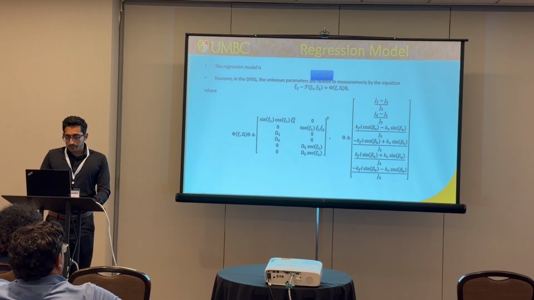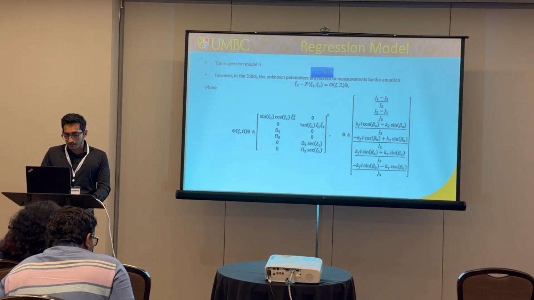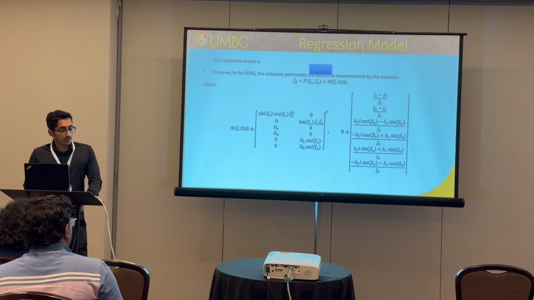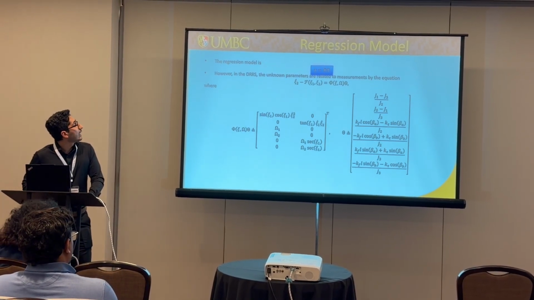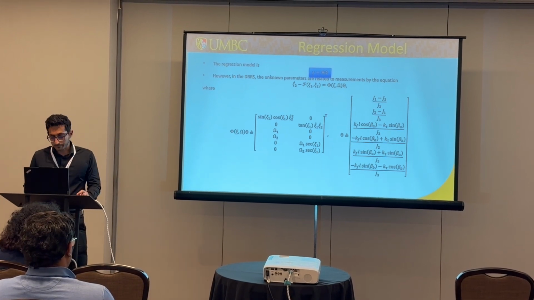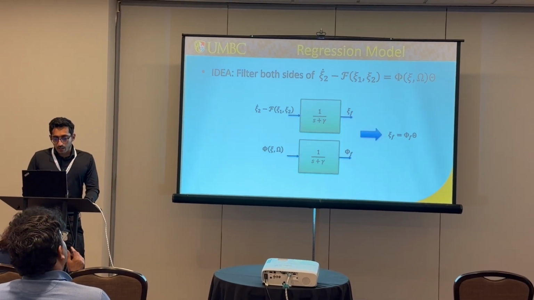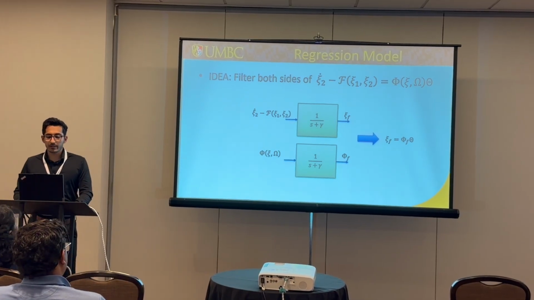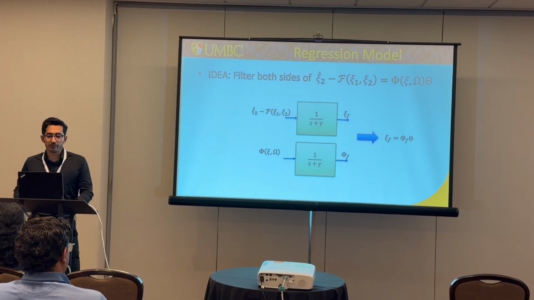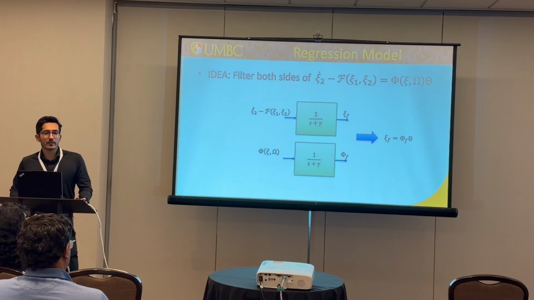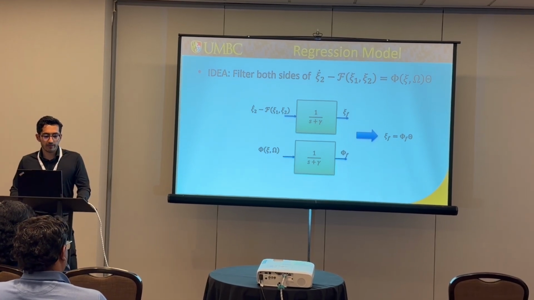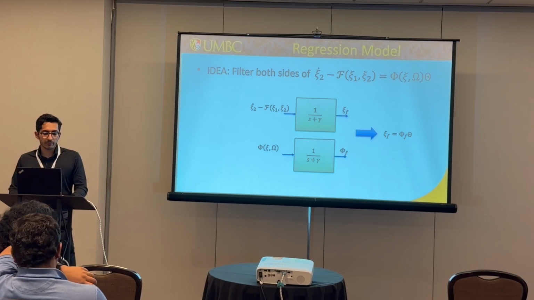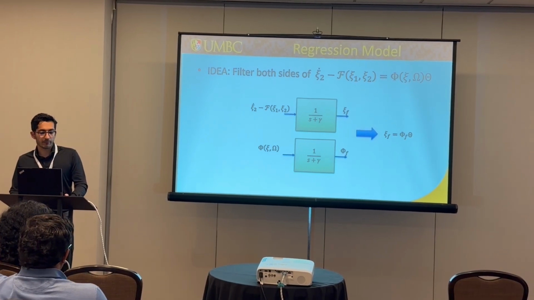So we write them in this form, and based on the equation of motion, it becomes the equation shown in the middle. We need to filter both sides. The reason we are filtering the regressor is for noise attenuation, because in the measurements we have noise, and also, as you can see, we have the derivative of our state.